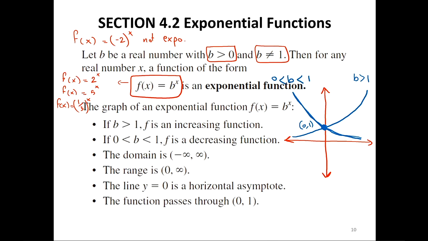For example, 1 over 2, 3 over 5, 2 over 3, like this. So f of x equals 2 to the power x is increasing, but f of x equals 1 over 2 to the power x is decreasing.